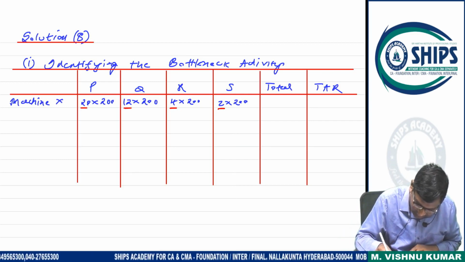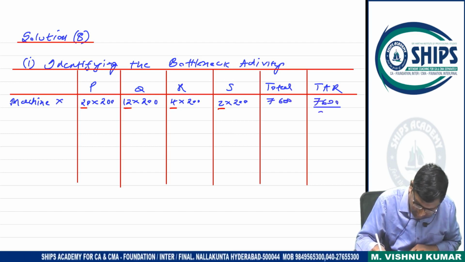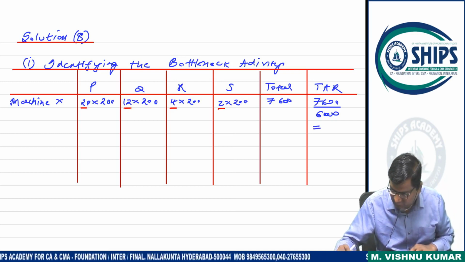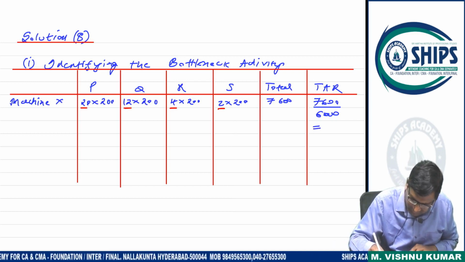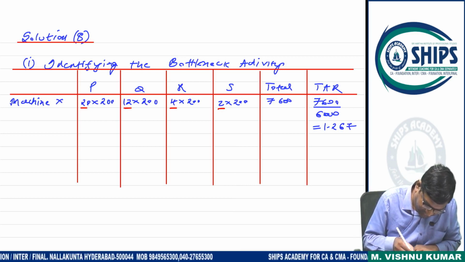Directly you can write 7,600. So 7,600 required, available how much? 6,000. So divided by 6,000, 1.26. This is throughput accounting ratio for X.